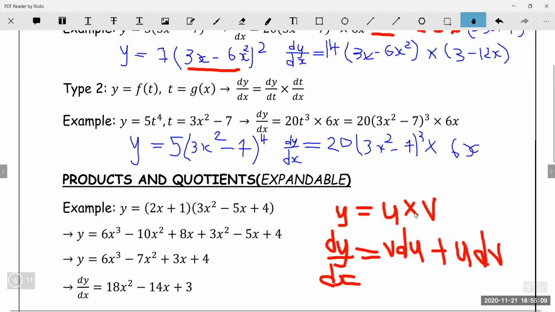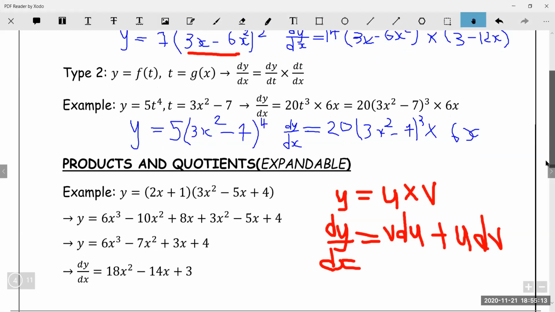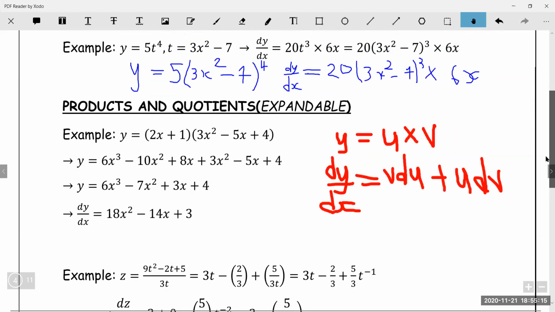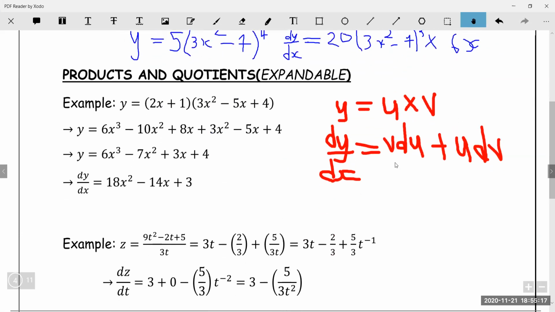I might use different letters in this note, but they're virtually the same thing. So this is going to be the product rule. Don't worry, I'm going to come back to this function soon. We're going to differentiate this using the product rule. Now let's look at the second one. The second one is a quotient.